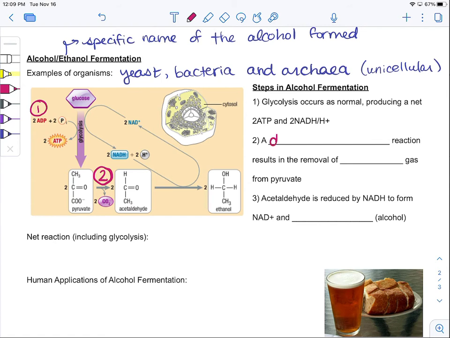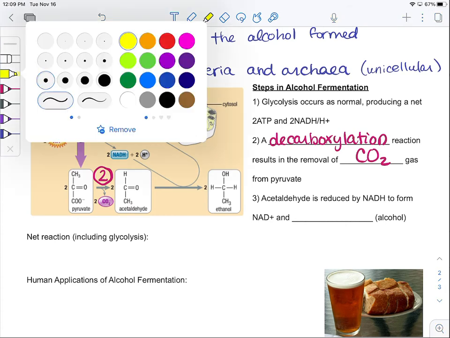We called it a decarboxylation. So we've got a decarboxylation reaction resulting in the removal of CO2 gas, carbon dioxide gas, from pyruvate. We also saw a similar step happening in pyruvate oxidation, but the rest of that is actually going to be different.